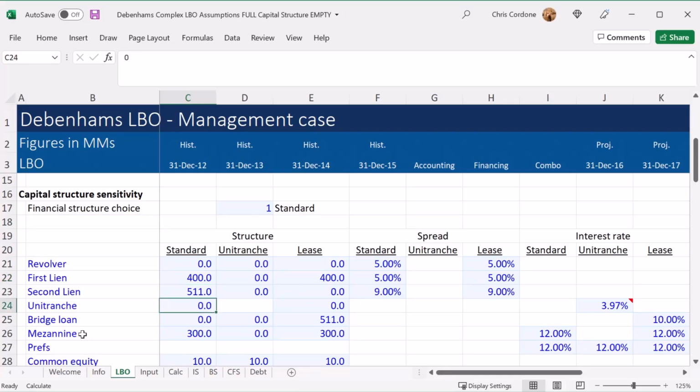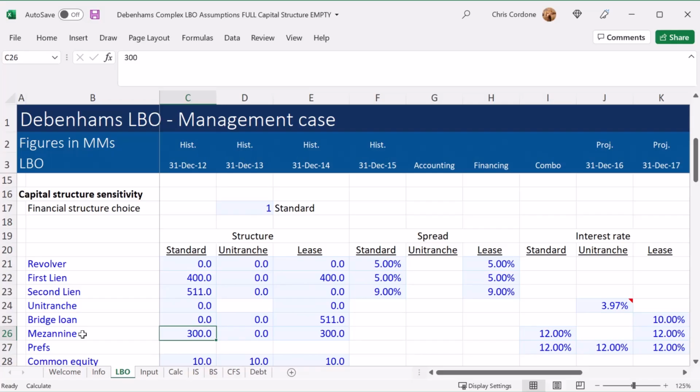The next thing we see here is called unitranche, and we're slotting it in here. It will only be drawn when we're in that particular chosen capital structure, but because it encapsulates all of the various kinds of debt, it's shown sitting in between here. The unitranche will also include mezzanine debt.